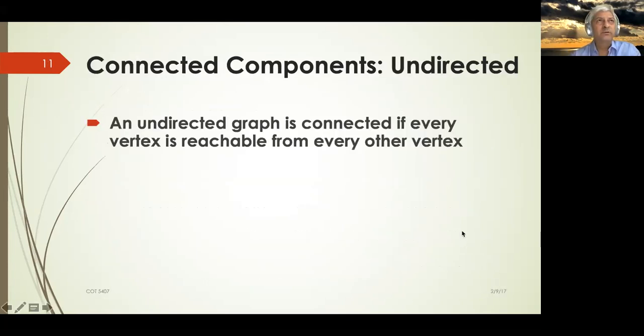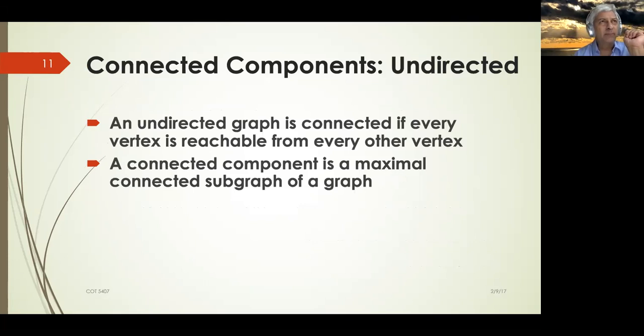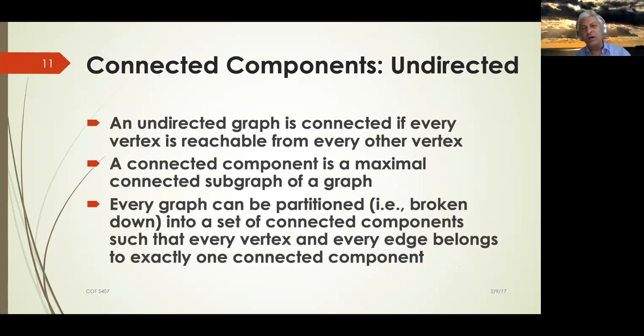Okay, so here is one more. We know that an undirected graph is connected if every vertex is reachable from every other vertex. A connected component, well, this tells you how to build all the connected components, and we already discussed this, so I'm going to skip this.